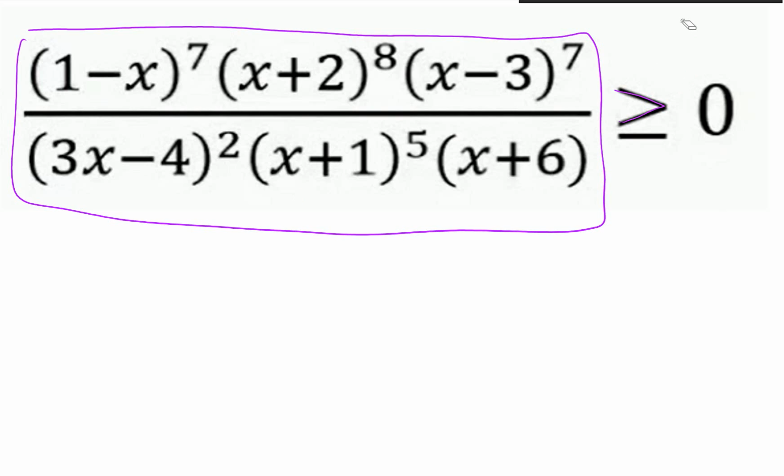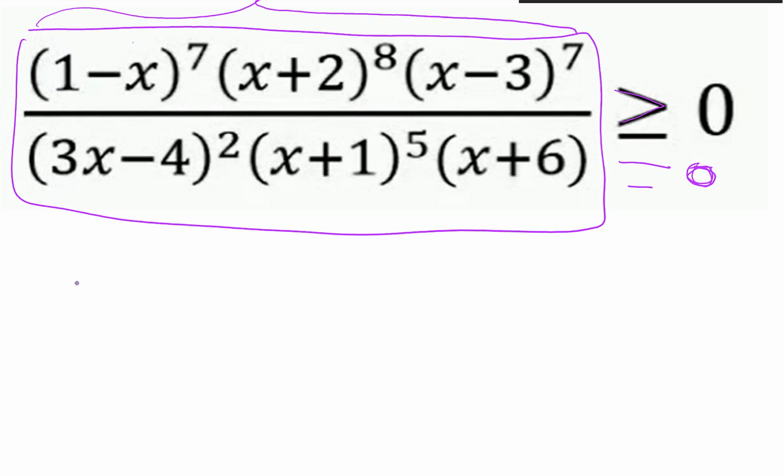Let's think first when this expression is equal to 0. The only way for this expression to be equal to 0 is that the numerator, this expression, is equal to 0.